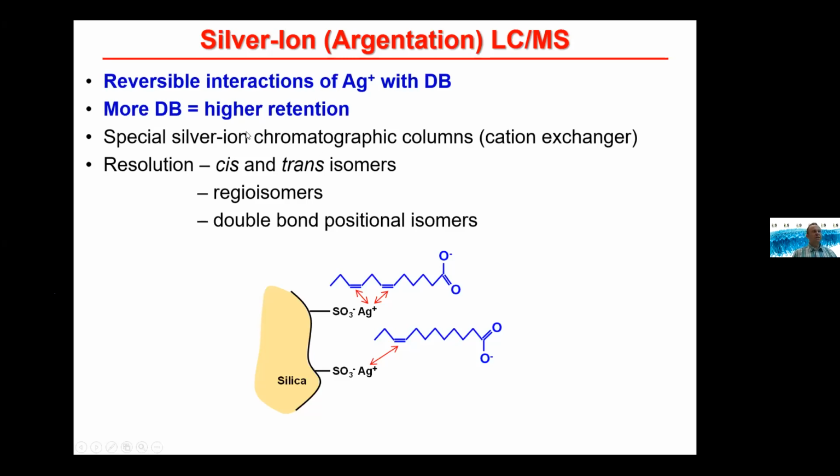You need dedicated silver ion columns based on a cation exchanger. They are pretty stable, with no leak of silver into the mass spec. And with an optimized system, you are able to resolve cis-trans isomers, regioisomers, and also double bond positional isomers.